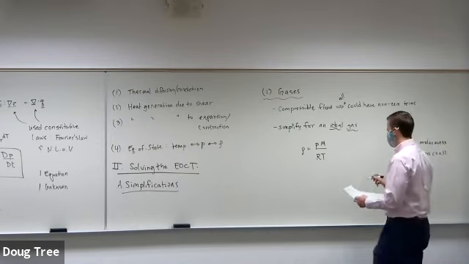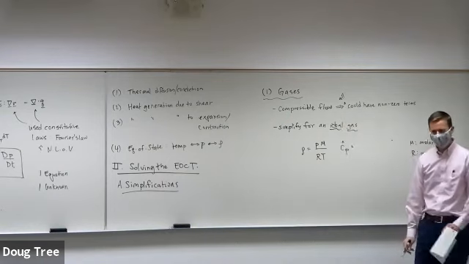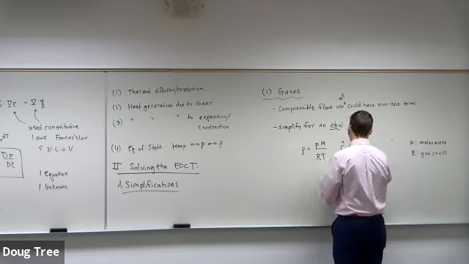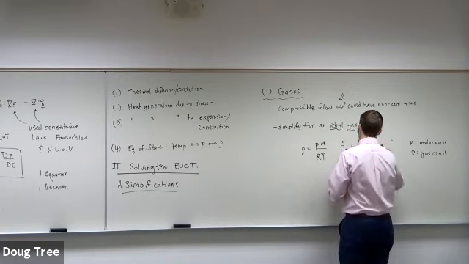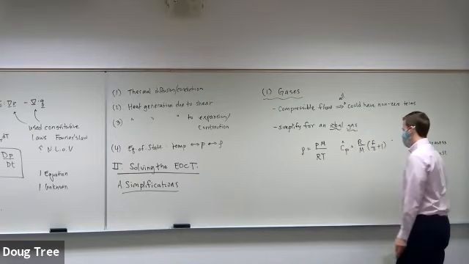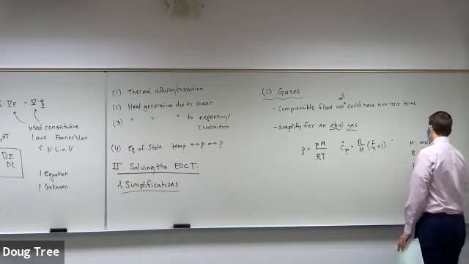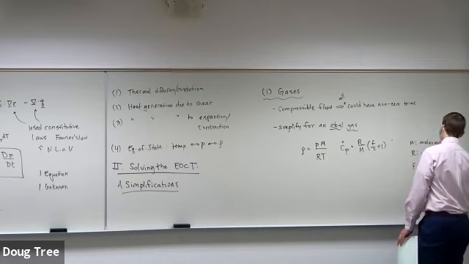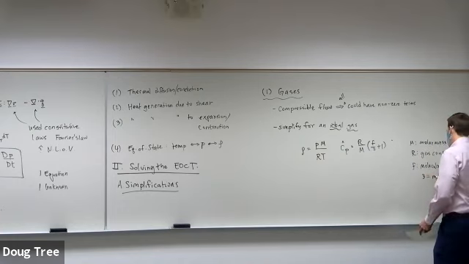And then the other thing is we can write down an expression for the heat capacity for an ideal gas as well. The heat capacity for an ideal gas looks like R over M multiplied by F over 2 plus 1, where F is the molecular degrees of freedom. So for example, for monatomic, it's 3.